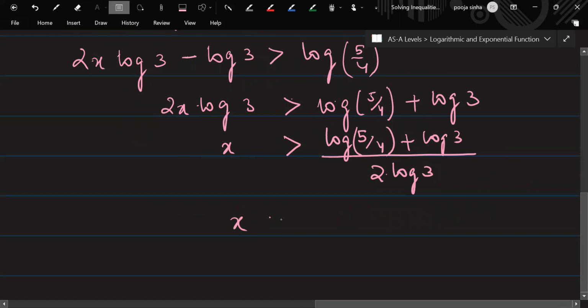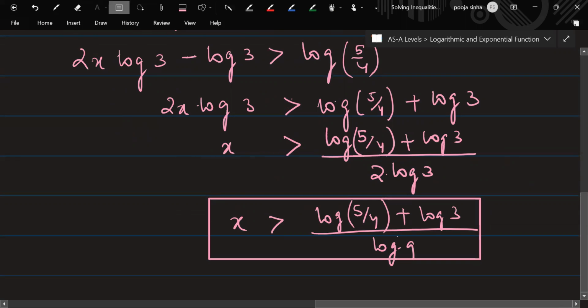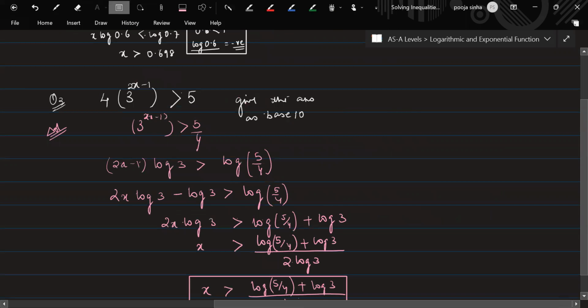And this last thing we can write as log of 5 upon 4 plus log of 3, upon log of 9. Bas. We are not supposed to do anything further after this because the question is telling us to give the answer as base 10.